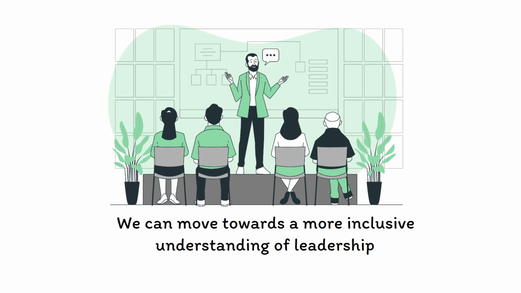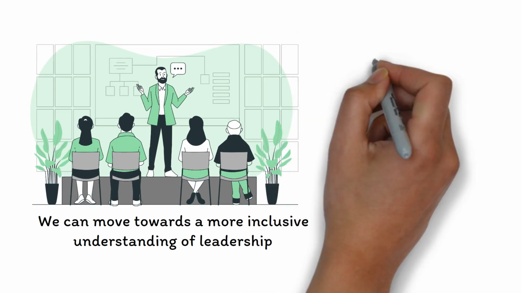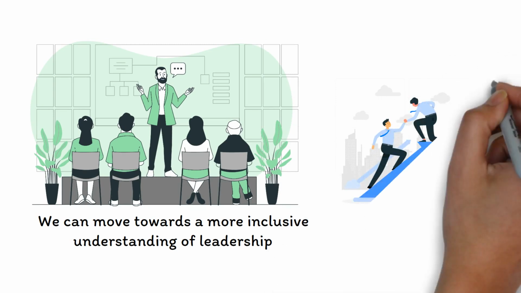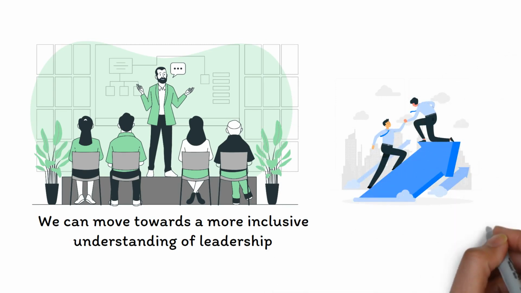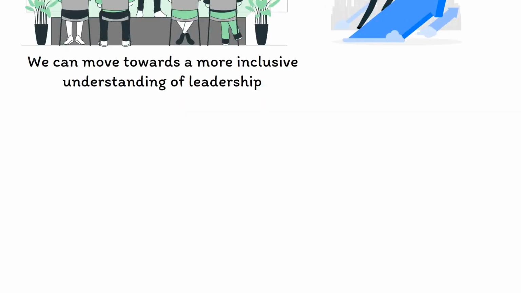This not only opens doors for a diverse array of leaders, but also enriches the organizations and societies they serve. The journey through the labyrinth may be complex, but with continued effort and scrutiny, it is one that can lead to transformative change and a redefinition of leadership for the better.